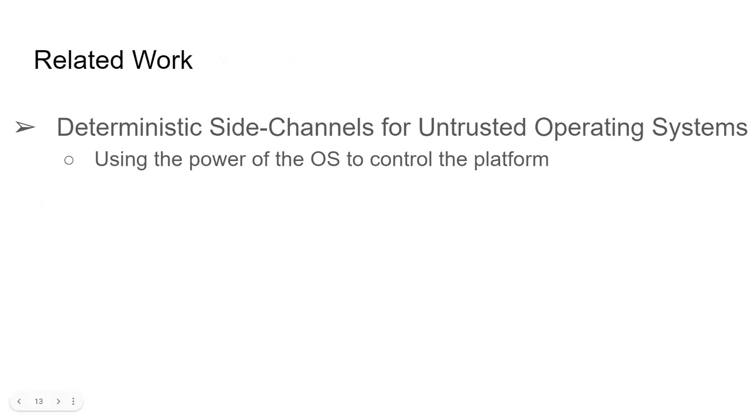So moving on to some related work, I found another paper called Deterministic Side Channels for Untrusted Operating Systems. And this directly references Overshadow and the vulnerabilities that Overshadow has that they're able to exploit. So it was really interesting to see how Overshadow worked and then see how it was broken.